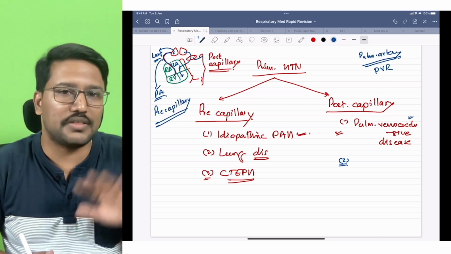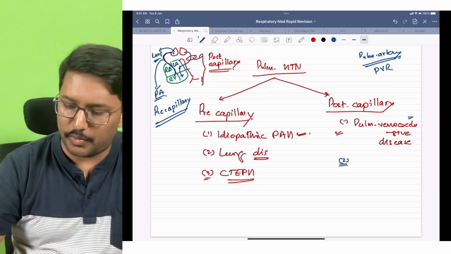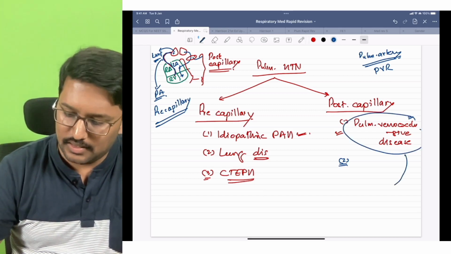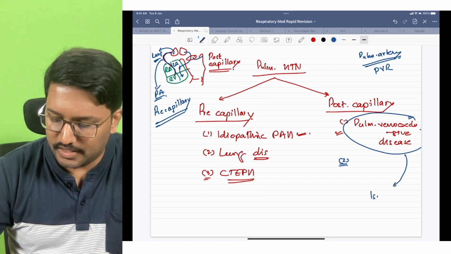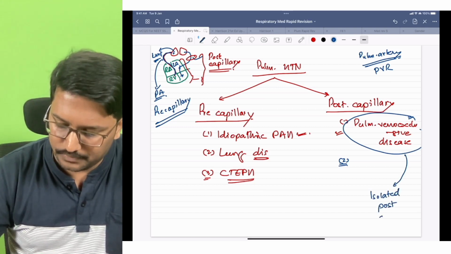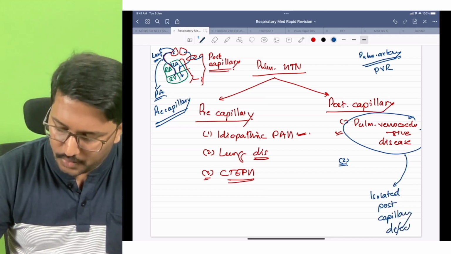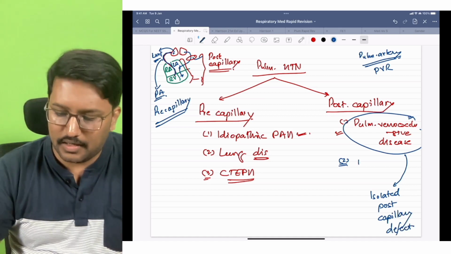But pulmonary vascular resistance in that case is not increased, right? So pulmonary veno-occlusive disease is a case where there is isolated post-capillary defect.